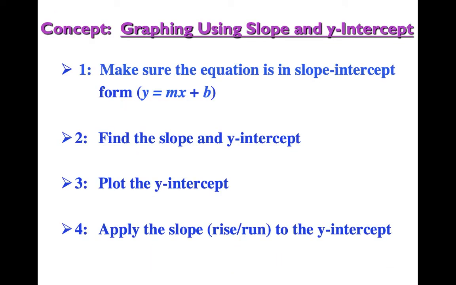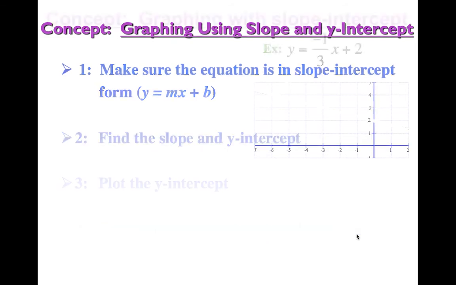So make sure the equation first is in the slope-intercept form, meaning that y is equal to mx plus b. Find the slope and the y-intercept. Then you plot the y-intercept, where it crosses the y-axis, the one that goes up and down, and then apply rise over run to the y-intercept.